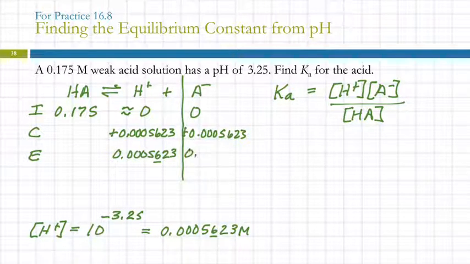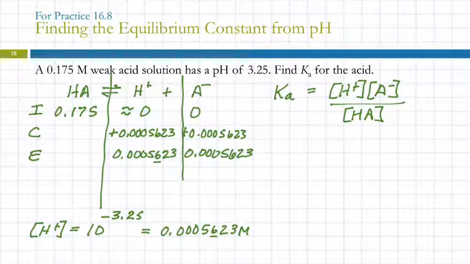So my A minus concentration is also that, and my HA changes by what? Minus that. I'm going to call it 5.6 there because I ran out of space.